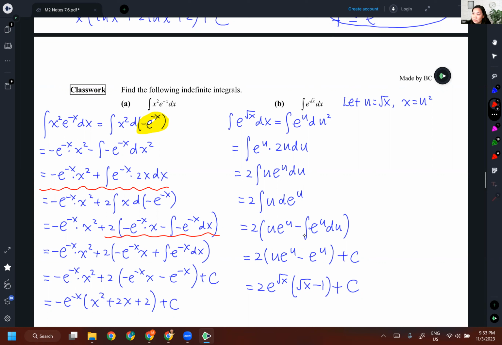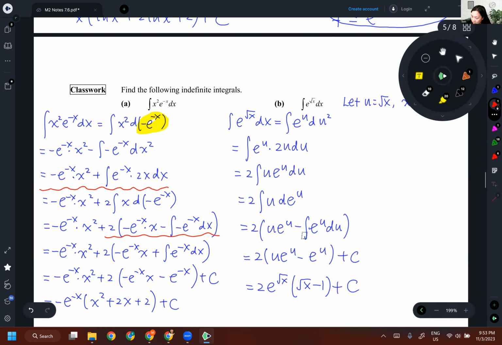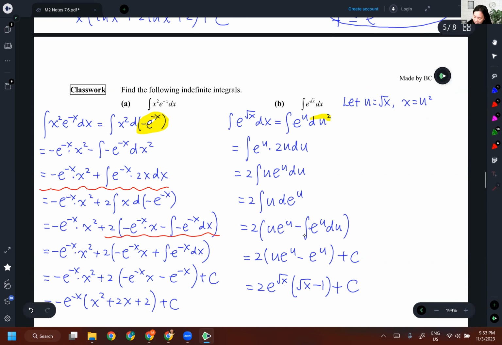Then I will have e to the power u d u squared. This is the substitution. Later on, you will change d u squared to 2u du.